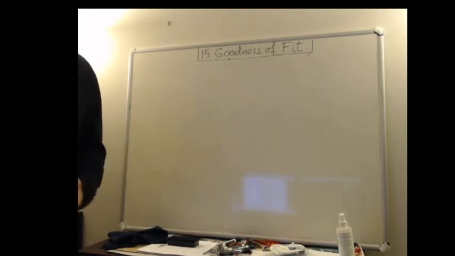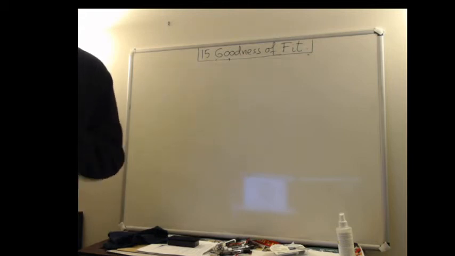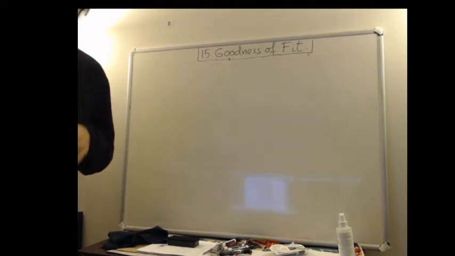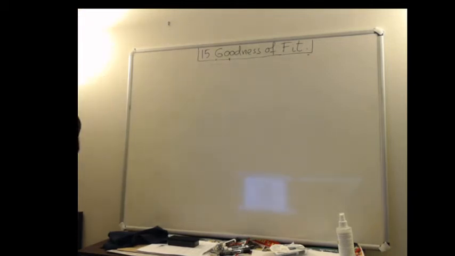So you are testing whether what you expected actually happened. Of course, what you expect and what happens will always be slightly different, right? Because you don't necessarily have things fall exactly into place as they're supposed to.